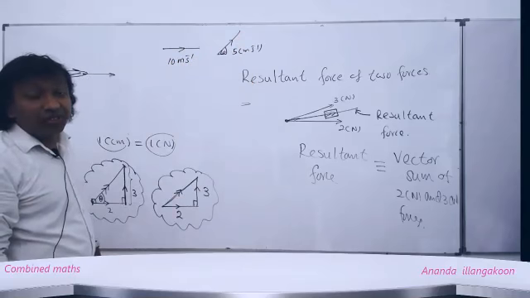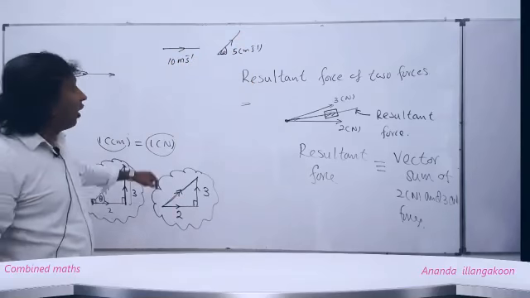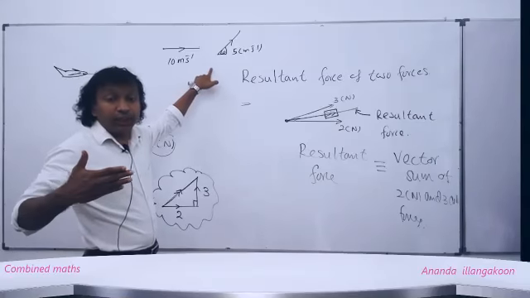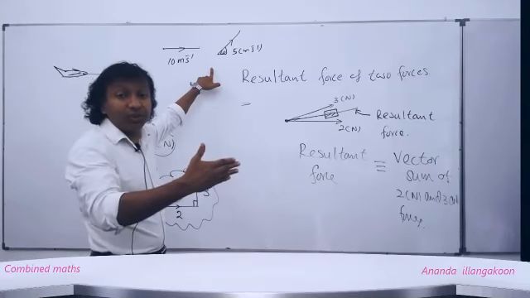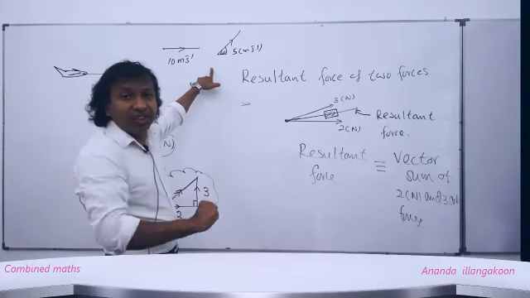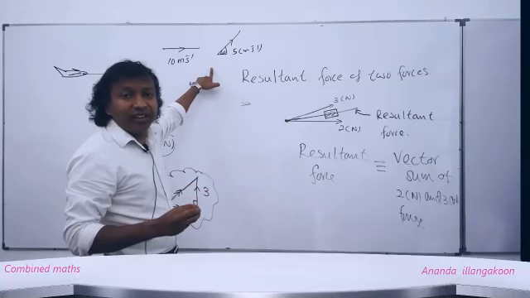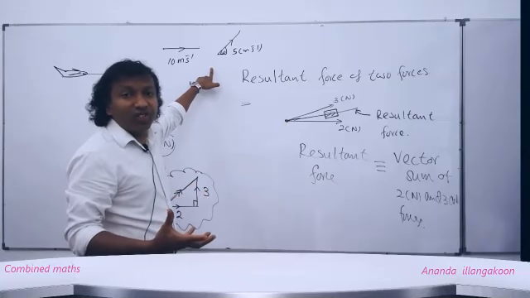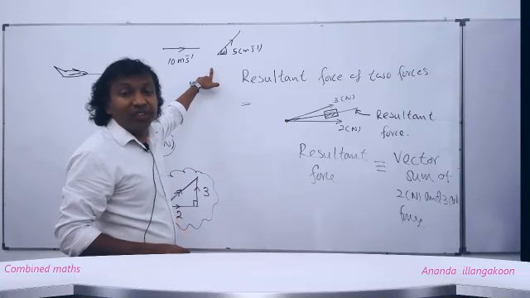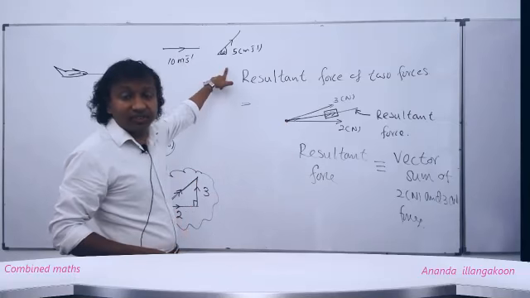That means when an aeroplane is moving in this direction with 10 meters per second, a wind blows inclined to its direction of motion, making an angle 60. Now we need to find in what direction, with which velocity, this aeroplane now moves. That means we have to find, people, the resultant velocity of this and this.